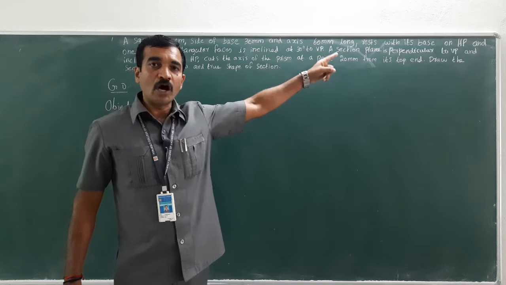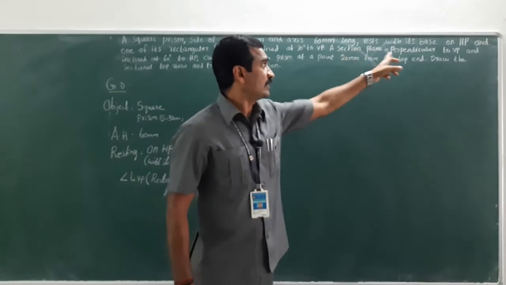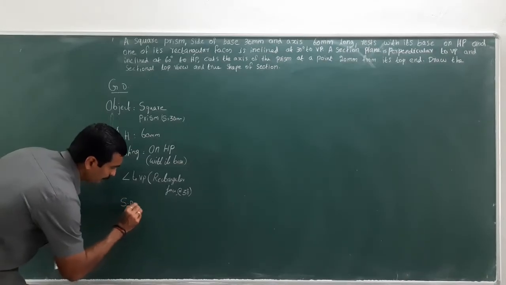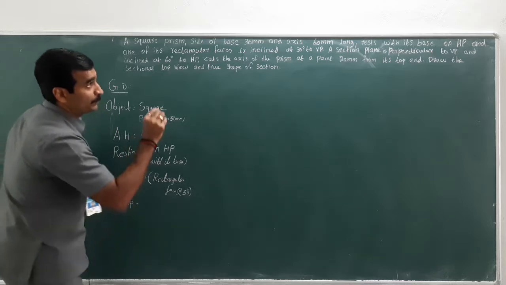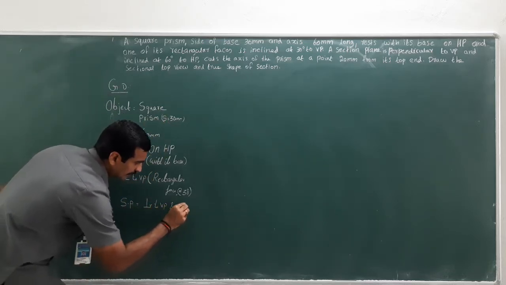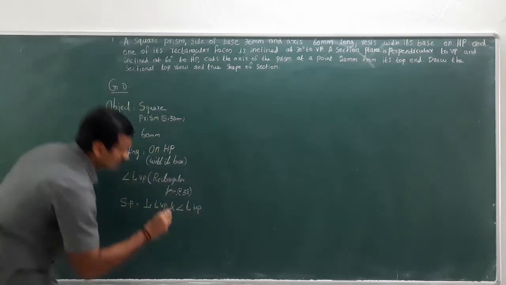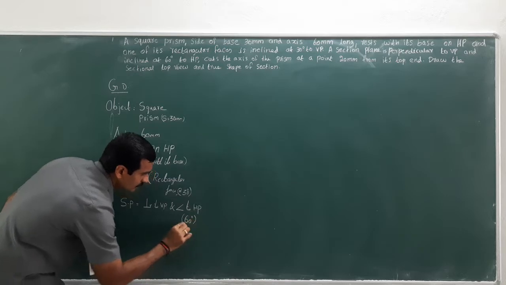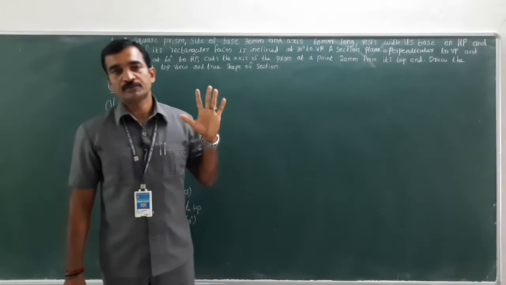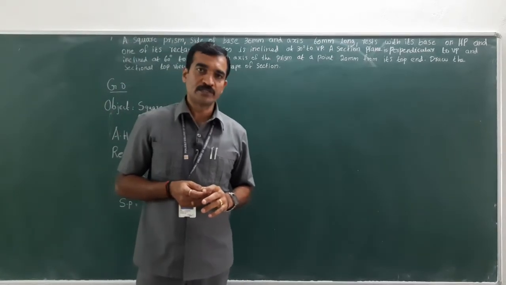A section plane or cutting plane. The other name of the section plane is cutting plane, right? The section plane is perpendicular to VP and inclined to HP. The inclination is 60 degree. I have taught you 5 different positions of the section plane or cutting plane in the introduction video, isn't it?